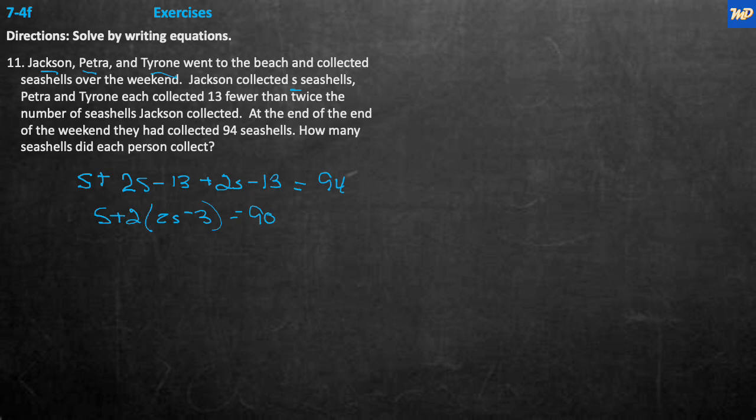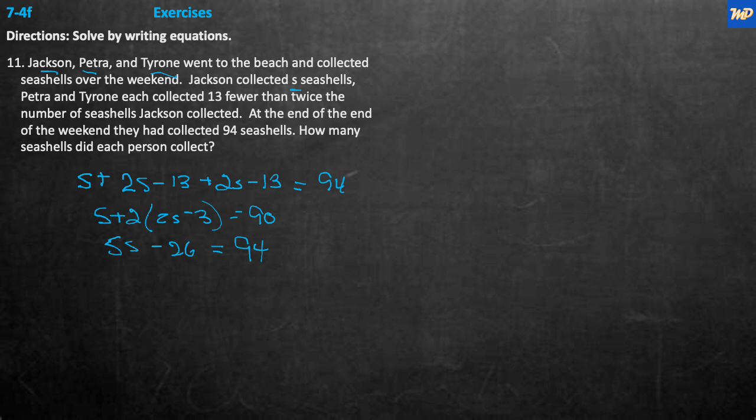Well, this one is all addition up here. There's no multiplication, so we'll do the one with the addition. So it's S plus 2S plus 2 more S's is 5 S's. And then it's minus a 13 and minus another 13. So it's minus 26 is equal to 94. So that's how many shells they totally collected. So now we have to undo the math.